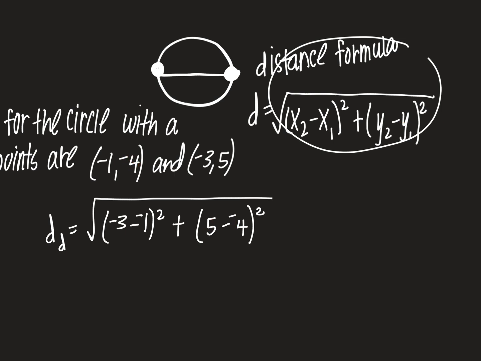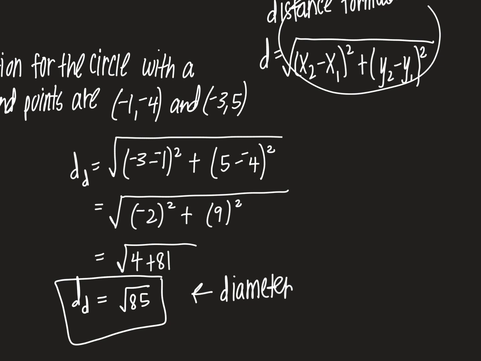And simplify that down. This minus a negative right here, that's like saying -3 plus 1, so that becomes -2 squared. 5 minus -4, that's like saying 5 plus 4, 9 squared, so 4 plus 81. We get the square root of 85. I'm not going to reduce that square root or anything. It doesn't reduce, but realize this number, again, is the diameter.